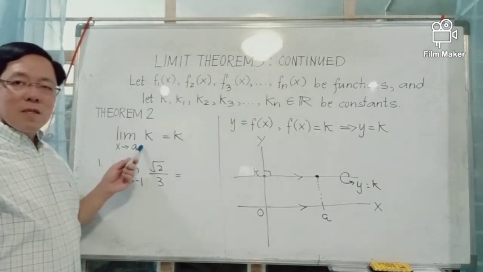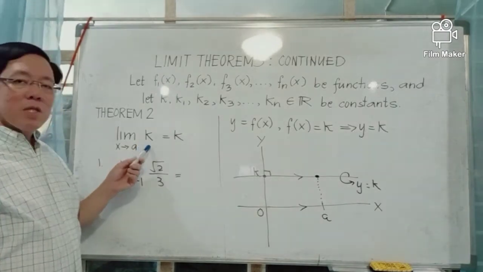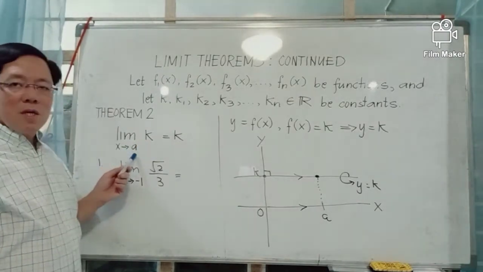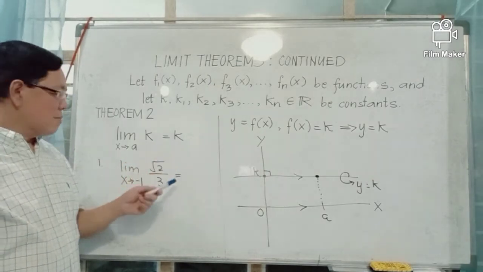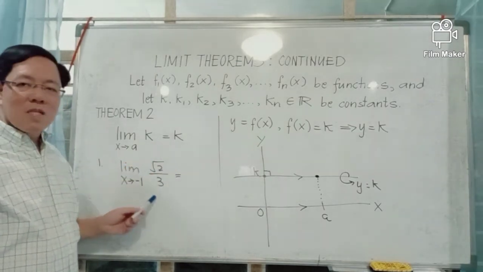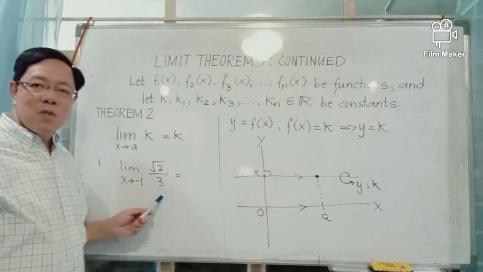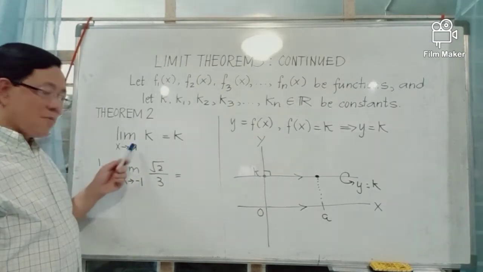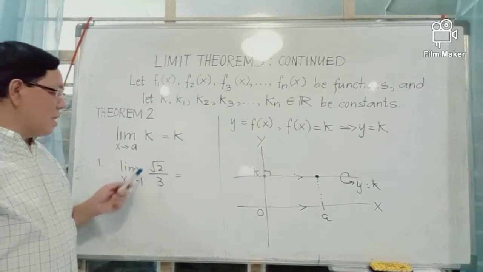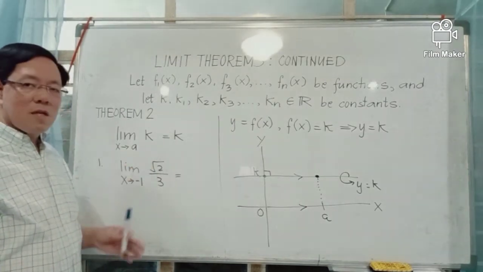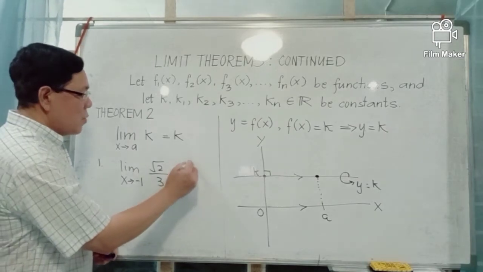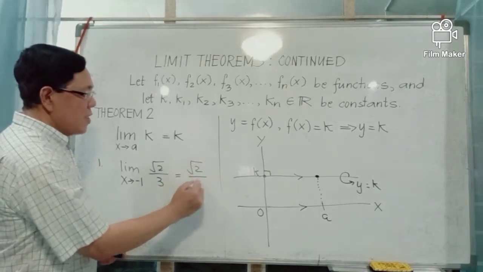And by this limit theorem 2, if you take the limit of a constant as x approaches a certain number a, the limit is equal to the constant. And in this example, the constant is square root of 2 divided by 3. Therefore, by this second limit theorem, the limit of square root of 2 over 3 is this constant, square root of 2 over 3.